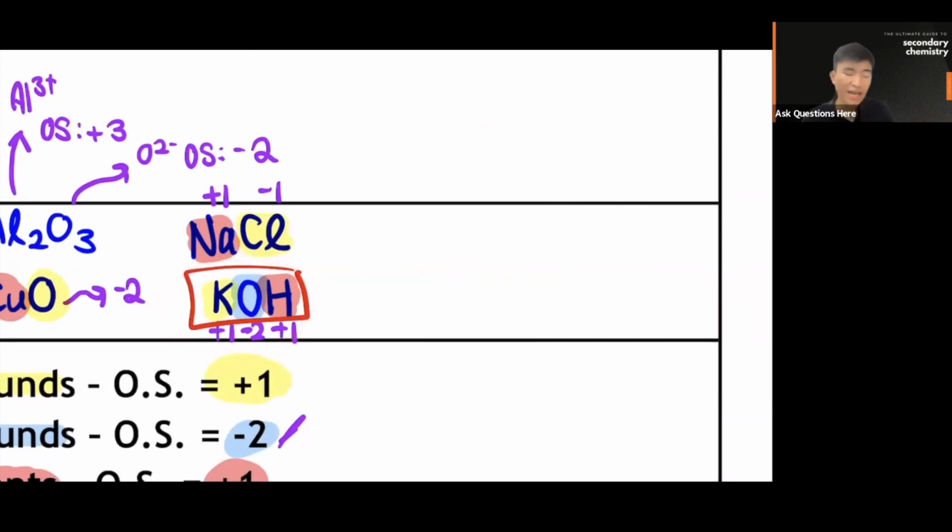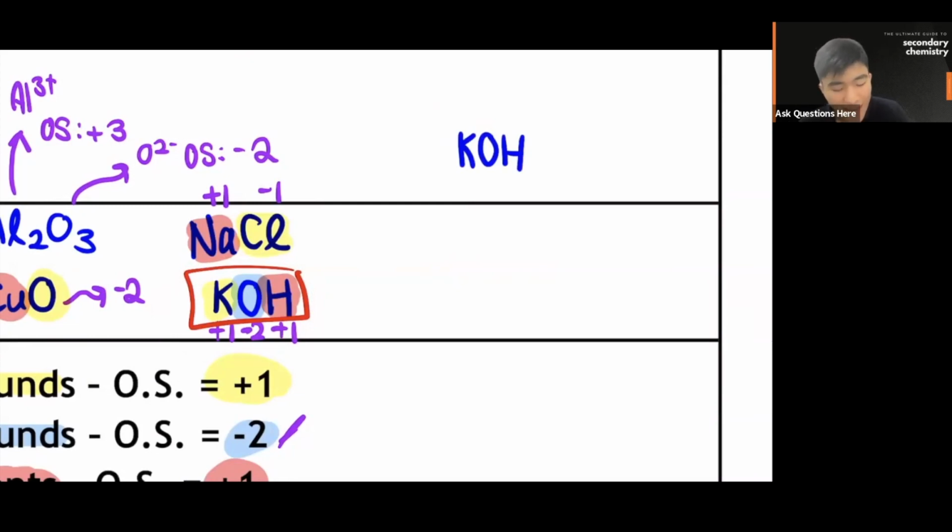For this question, I want to draw your attention back to the definition of oxidation state, which is the charge an atom would have if it existed as an ion. If I have KOH, I know that this is an alkali. We all know that, right?